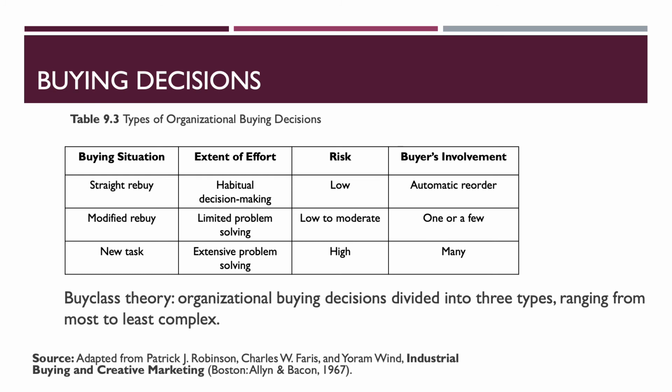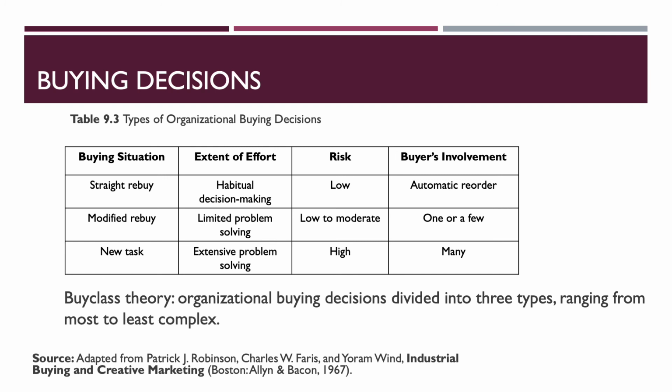On table 9.3, you see the extent of effort needed for each buying situation, the risk it comes with, and the buyer's involvement. So with straight rebuy, it's a habitual decision making with a low risk, and there is an automatic reorder. Modified rebuy needs limited problem solving, the risk is low to moderate, and the buyer's involvement is one or a few.